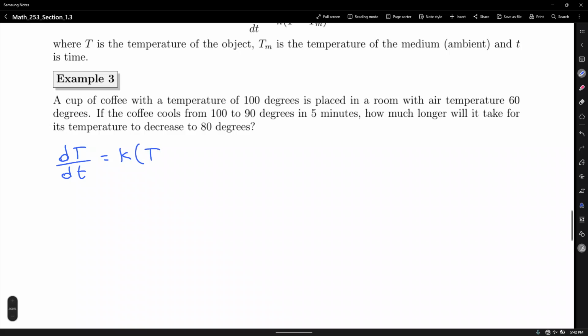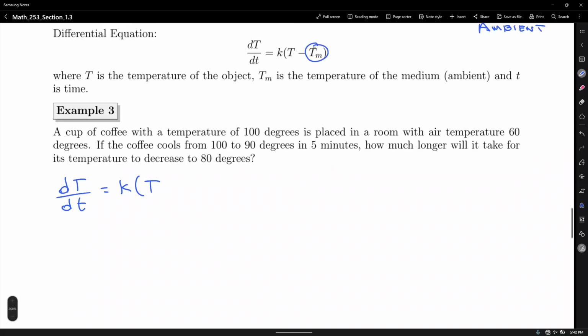I didn't substitute anything for uppercase T. However, I'm going to substitute T subscript m for the temperature of the medium, which in this case is 60 degrees. Again, we are assuming the temperature of the environment is constant. If it's not constant, then we should write a whole different differential equation, and that makes the problem more complicated.